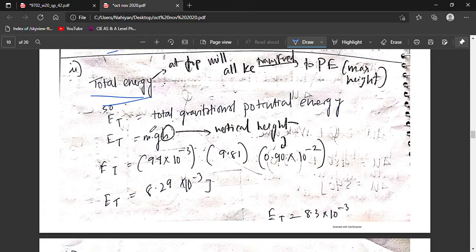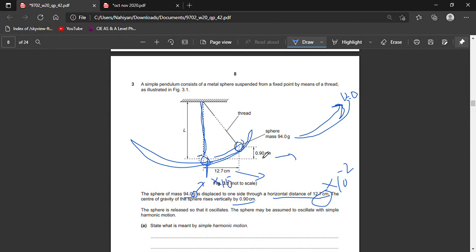And we also know the vertical height, so let's continue. The total energy is the total gravitational potential energy, and the formula goes like mass into g into h. So if you substitute, we know the vertical height is 0.9 into 10 to the power minus 2 meters.